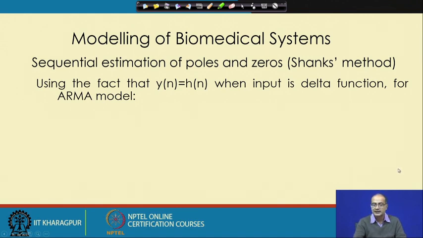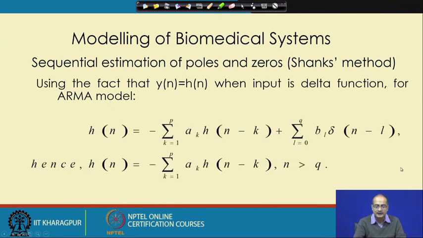So, in that case, if the input is delta, then the output y has to be Hn, the impulse response of the filter. So, the equation of the ARMA model we can write in this way, with Hn in place of Yn.